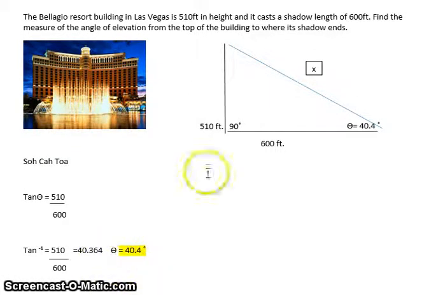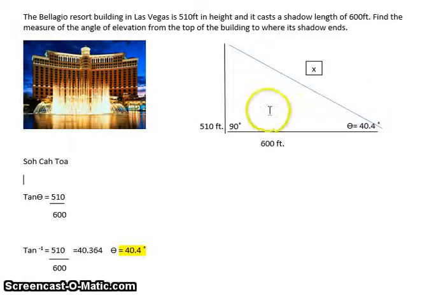And so this would be your answer right here, but if needed, you could find all of the sides and angles of the triangle, because of how it's set up.